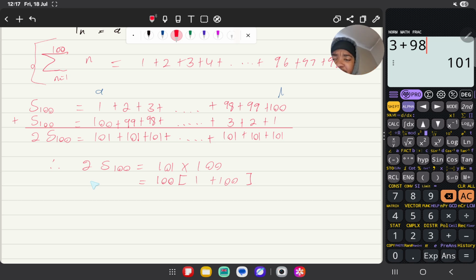I still have my 2 S100. Therefore S100 is equal to 100 times (1 plus 100) divided by 2.